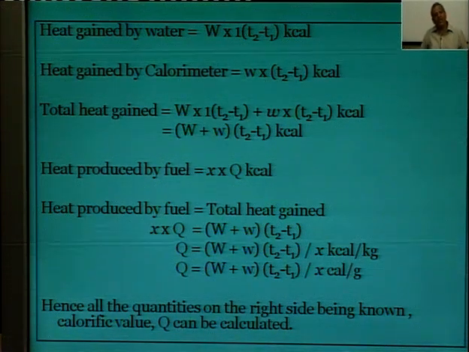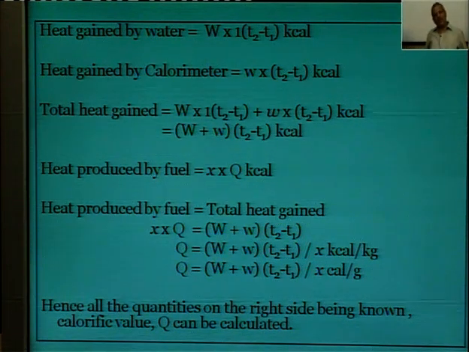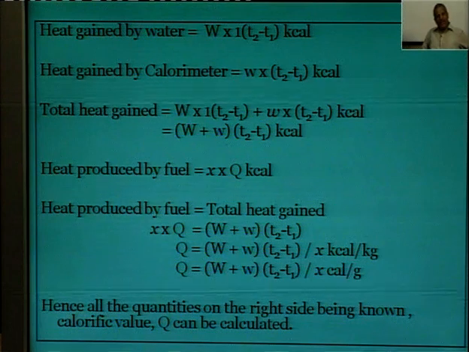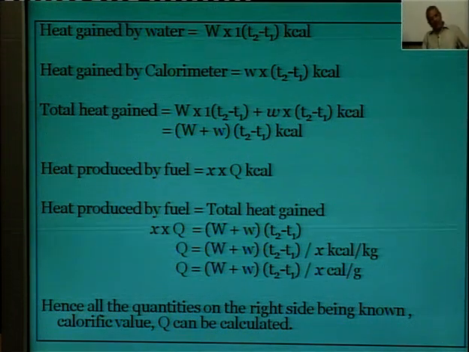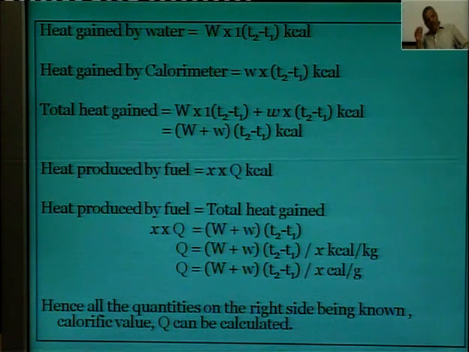So, the heat gained by the calorimeter is also small w. That small w is the water equivalent of the calorimeter, and the rise of temperature is again T2 minus T1. So, total heat gained is equal to W into 1 into T2 minus T1 plus w, the water equivalent of the calorimeter, into the rise of temperature T2 minus T1.